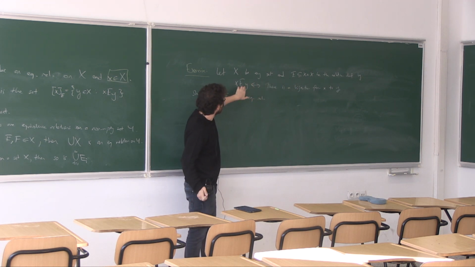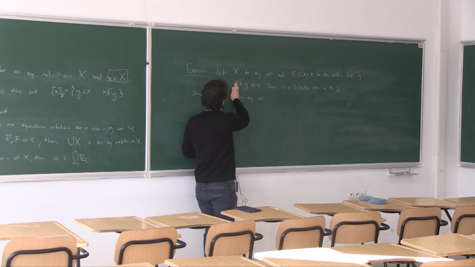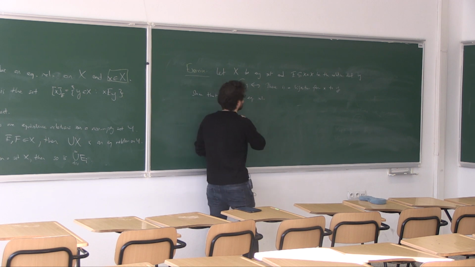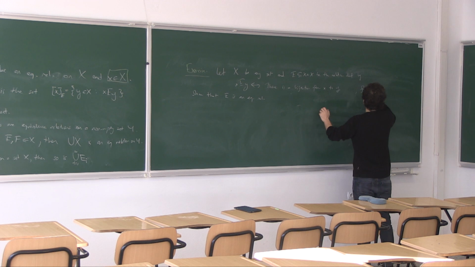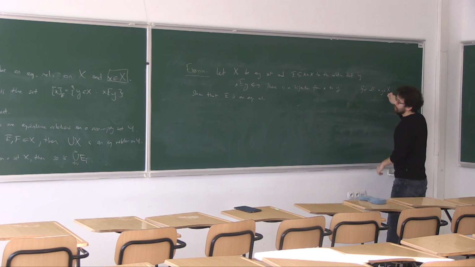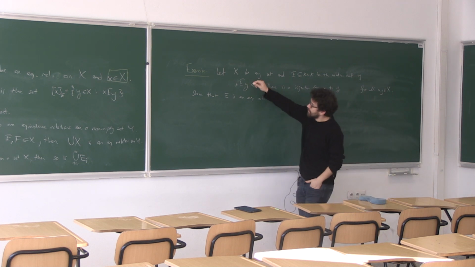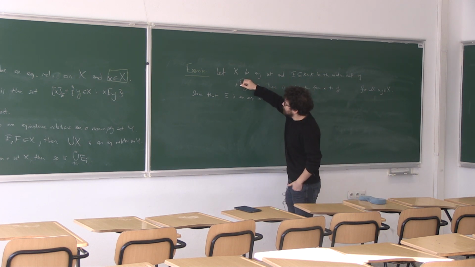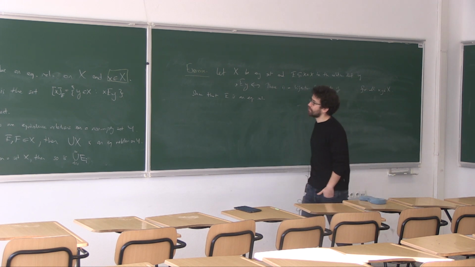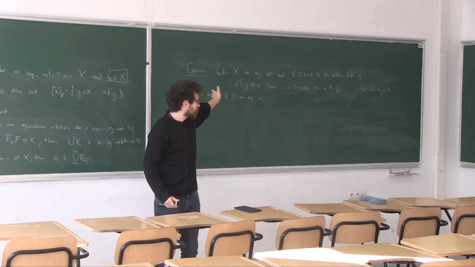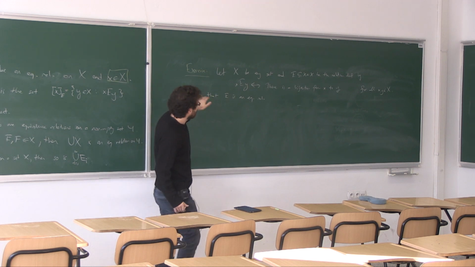Two elements of this set, x and y, are E-equivalent, they're in the same equivalence class, if and only if there is a bijection between them. Show that this is an equivalence relation, okay? You're just going to double check the properties.